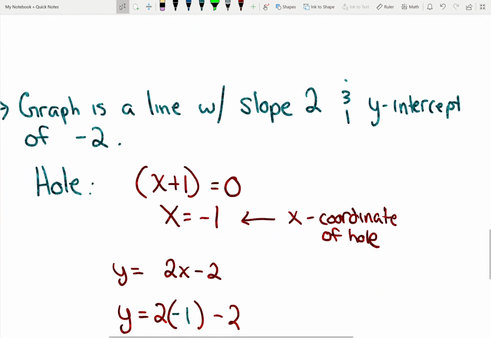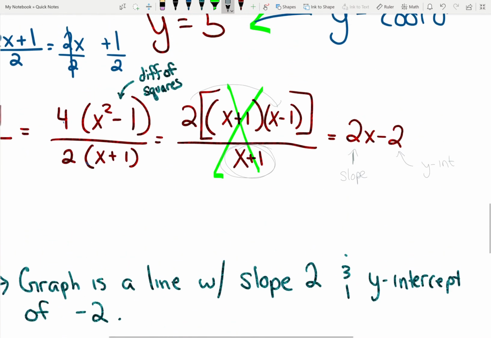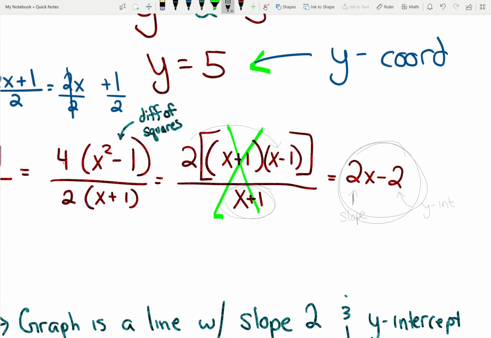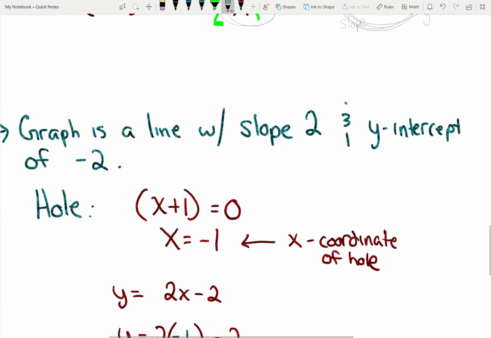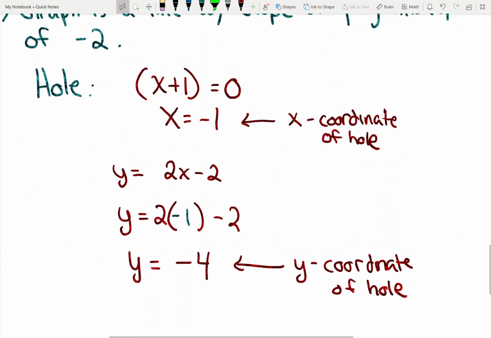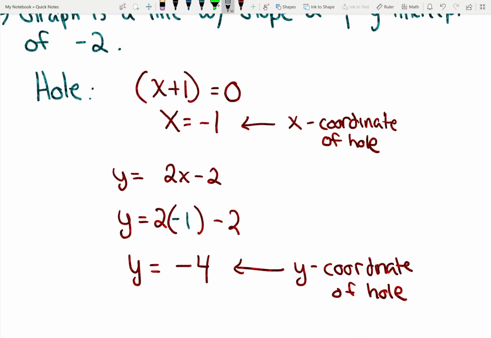To find the y coordinate, plug this into the simplified version of our equation. Putting minus 1 into 2x minus 2 tells us that the hole is located at the point minus 1, minus 4.